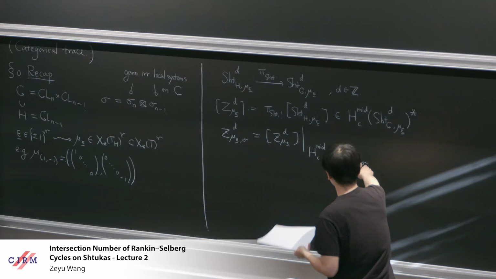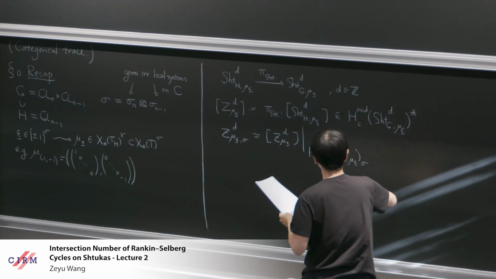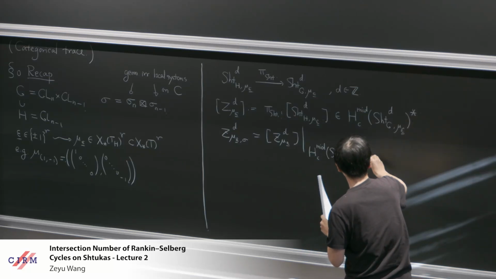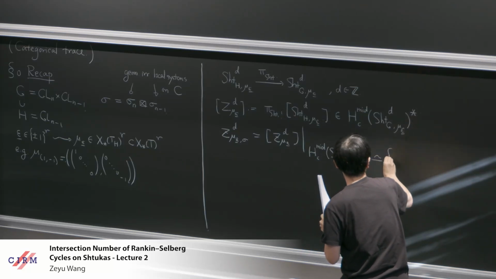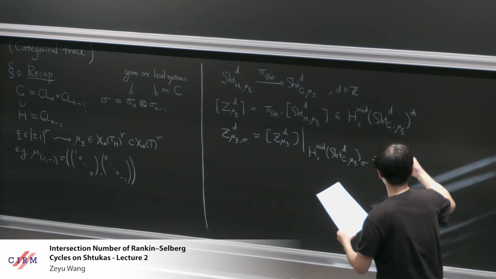It's defined using this Hecke algebra action here, and this sigma isotypic part is something very explicit given geometric Langlands.